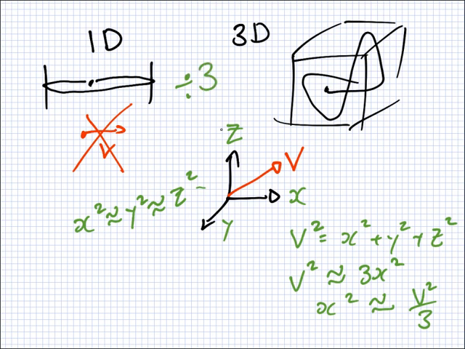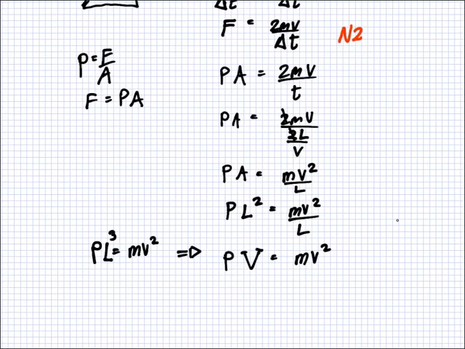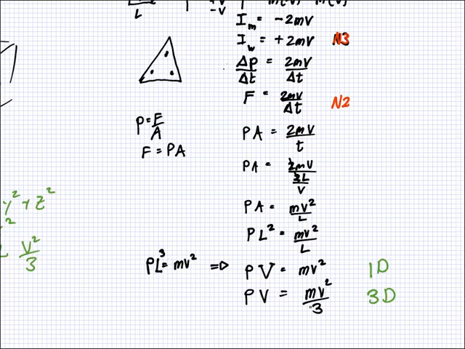So if I go back to my picture here, this problem here is 1D. If I want to make it 3D, it's actually quite simple. All I do is change this into PV equals mv squared over 3. That's all I have to do. It's quite simple to switch from 1 to 3D.